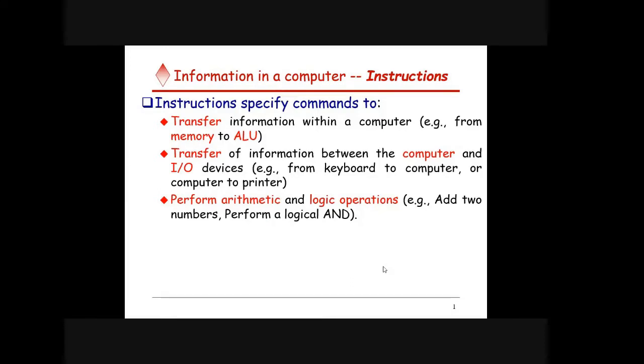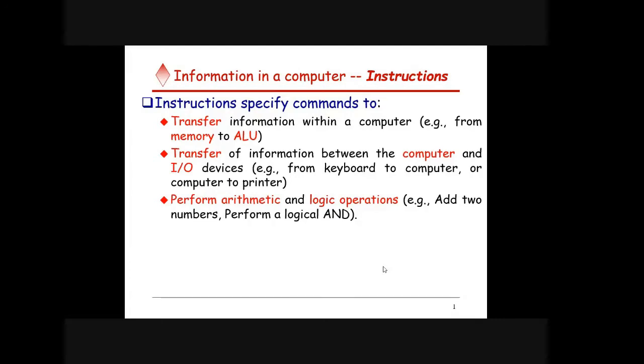That means within the computer, we already know about the different functional units of a computer. So it may be between any two internal functional units inside the computer. That may be either memory to ALU, or input unit to memory, or memory to ALU or ALU to memory.